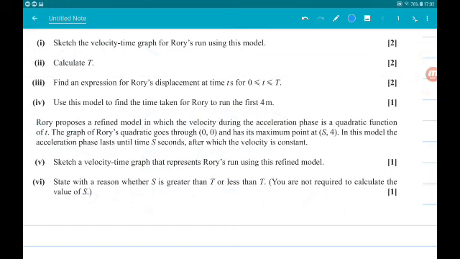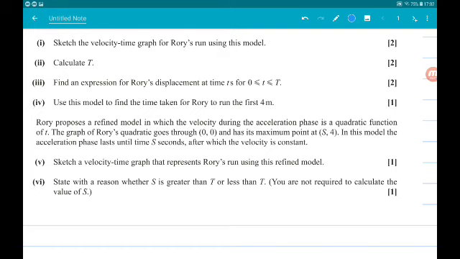Okay, then Rory proposes a refined model in which the velocity during the acceleration phase is a quadratic function of t. The graph of Rory's quadratic goes through 0, 0 and has its maximum point at s, 4.